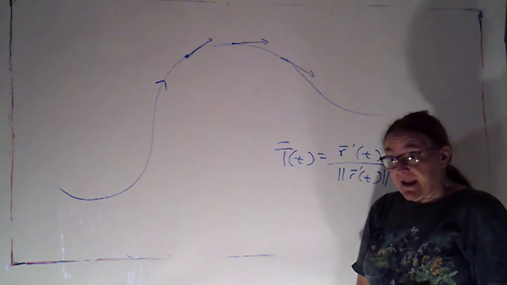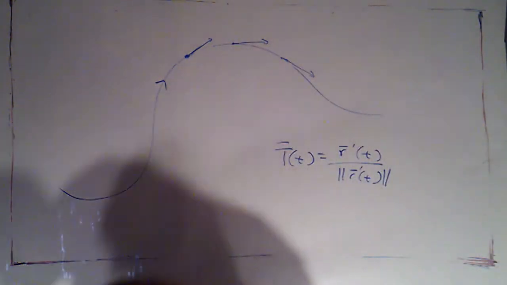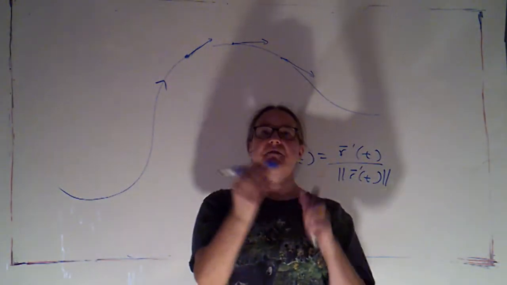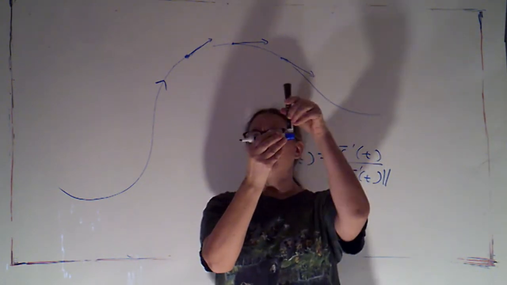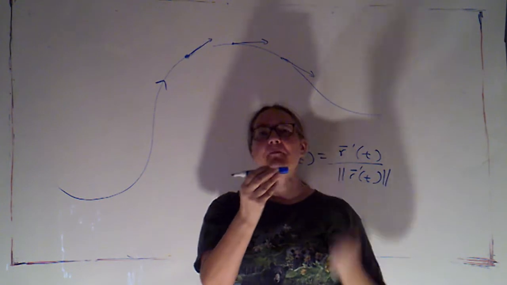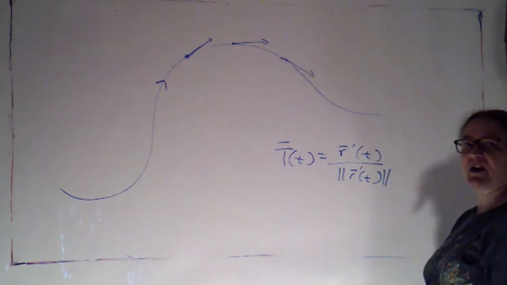Now in 3 space, if I have a curve and I have a vector that's, let's just say this was my unit tangent vector in 3 space, there are going to be infinitely many vectors that would be perpendicular to that. So I don't have a semi-unique direction there.